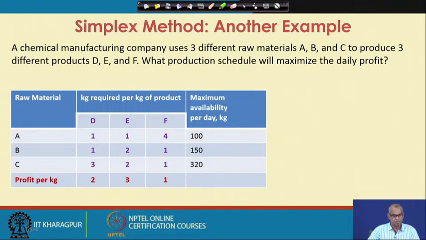For example, for each kg of product D, 1 kg of A, 1 kg of B and 3 kg of C are required.